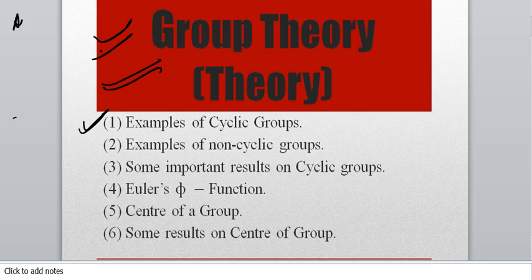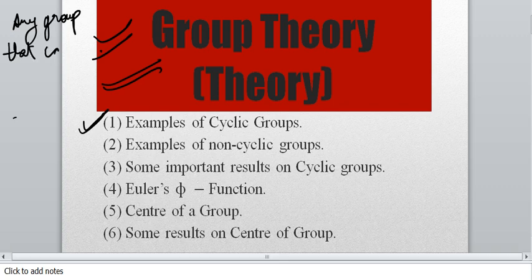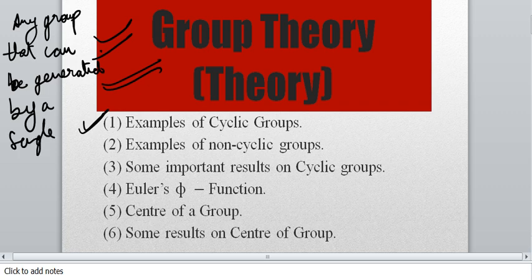Any group that can be generated by a single element. In the previous video I showed you what a cyclic group is, and its generator, which is written in this way.